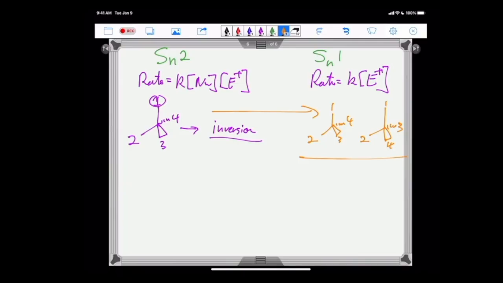The mechanism being different leads to this consequence. Inversion only in SN2, scrambling in SN1. As far as how you decide between these two, SN2 is all about reactive center here is going to be your methyls.